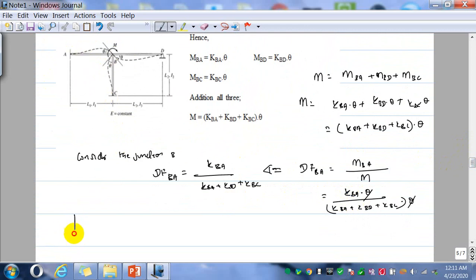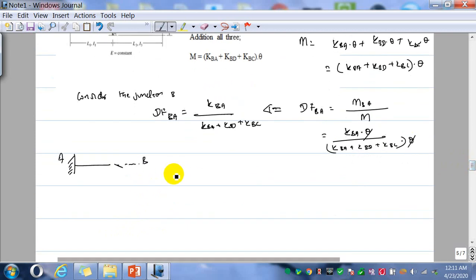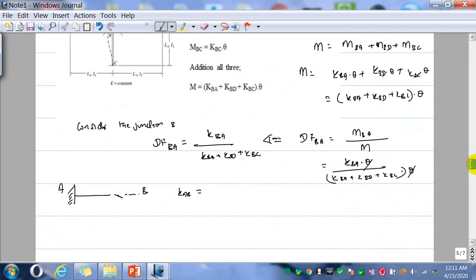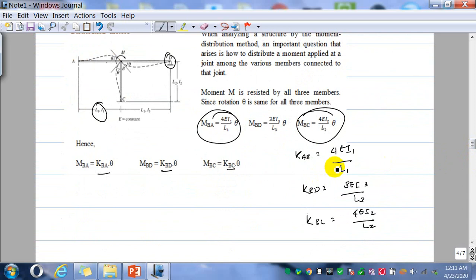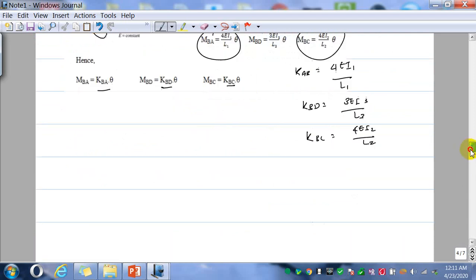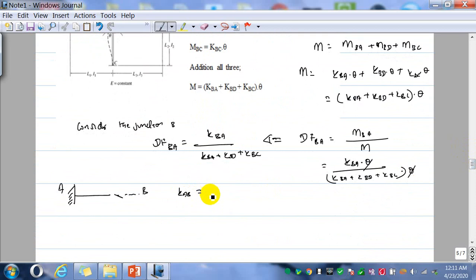At a fixed support A, you have a fixed support and an element, B. The AB, K_AB has a value, that is 4EI1 over L1.